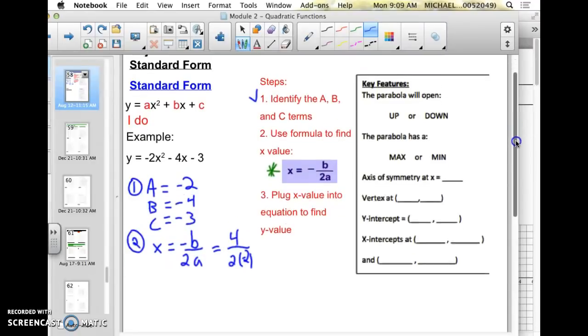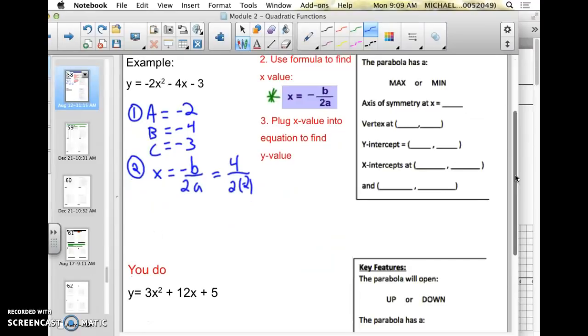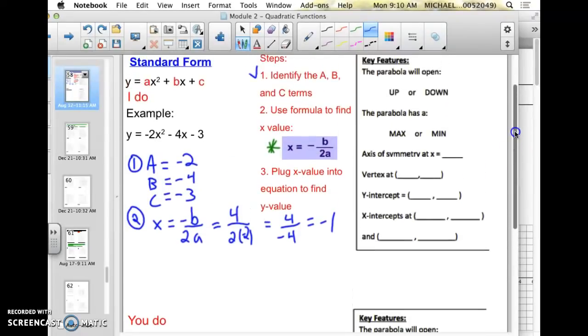So far, so good. In this case, I want to clean up the denominator first. So I'm going to rewrite the numerator. 2 times negative 2 becomes a negative 4. And then 4 divided by negative 4 is negative 1. So my x value of the vertex is negative 1. And now that's my x value.